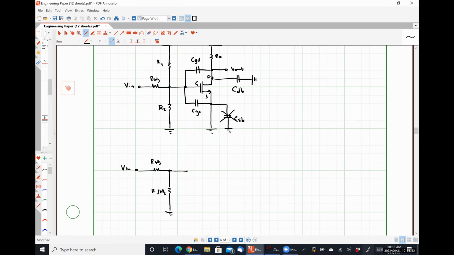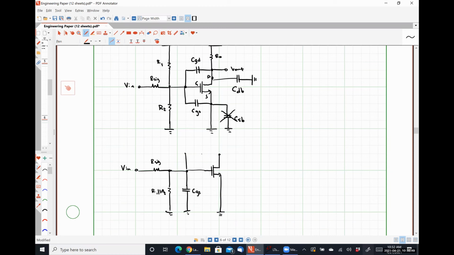Now I'll see my capacitor CGS between my gate and ground. From here, there's my source. Here's my drain.